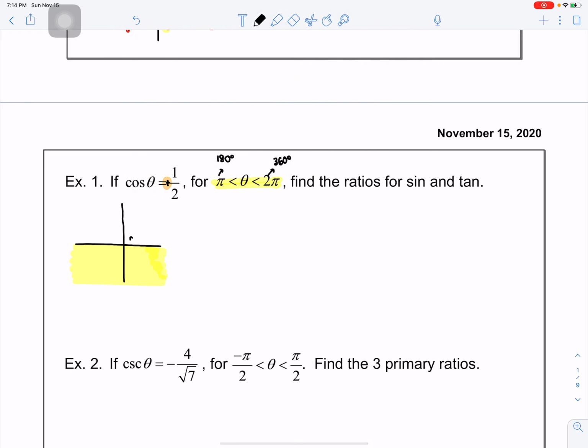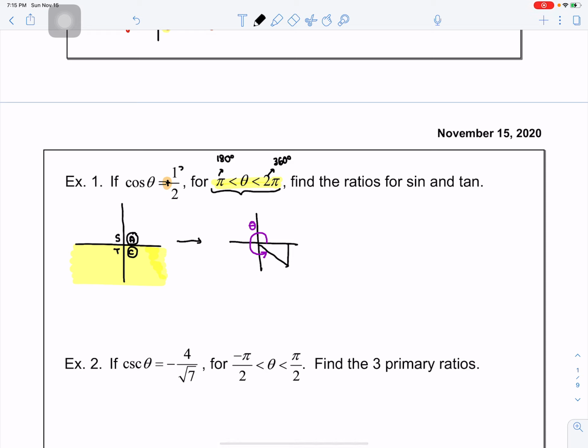So for cosine, C-A-S-T, cosine would be positive in quadrant 4 and in quadrant 1. But because of this kind of restriction here, I know I have to have my angle in quadrant 4. So all those clues tell me that my rotational angle is located somewhere in quadrant 4 with a value of theta.